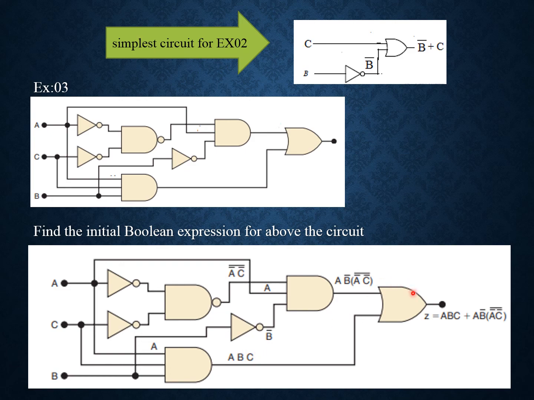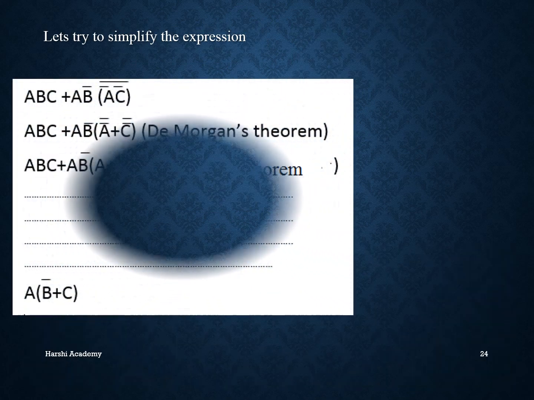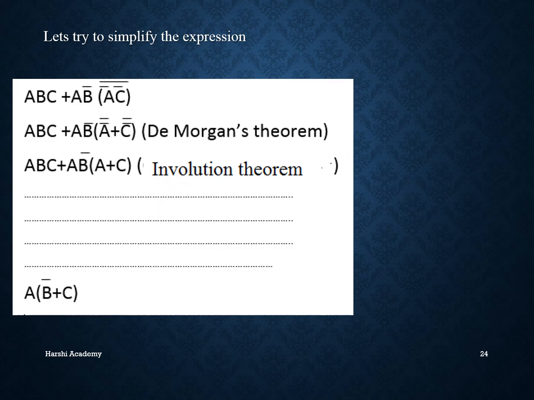Now this is the OR gate. So the output of this OR gate is ABC plus A B bar A bar C bar bar. Let's see how to simplify the expression. Now you can simplify this term to this using De Morgan's theorem.